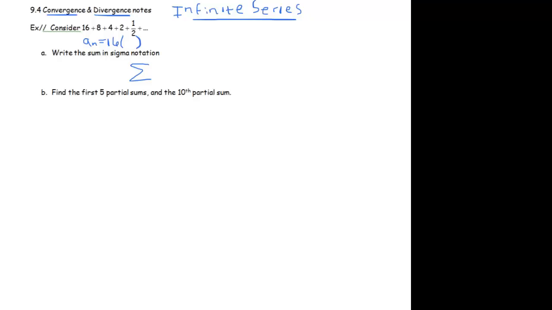And it looks like my r value is a half, since 16 to 8 is multiplied times a half. So my geometric sequence rule is a sub n equals 16 times 1/2 to the n minus 1. So I know that goes here.